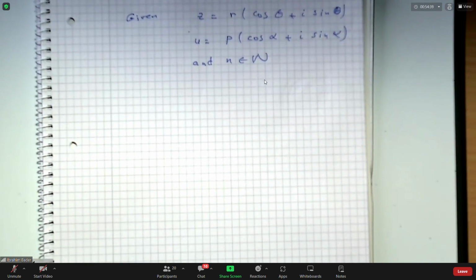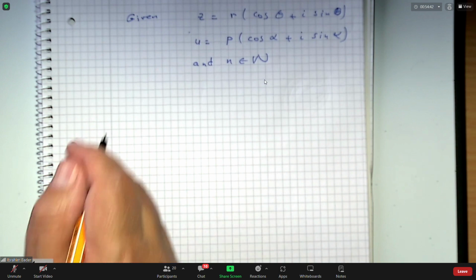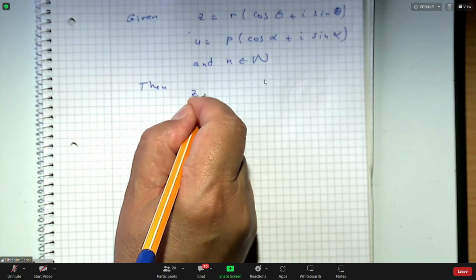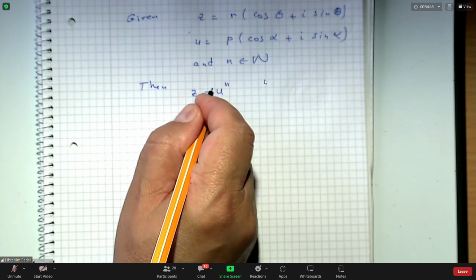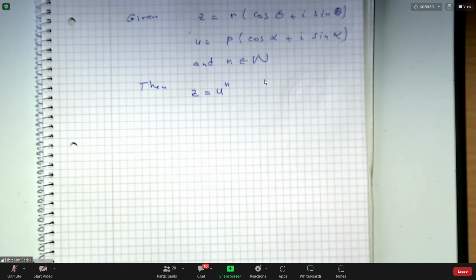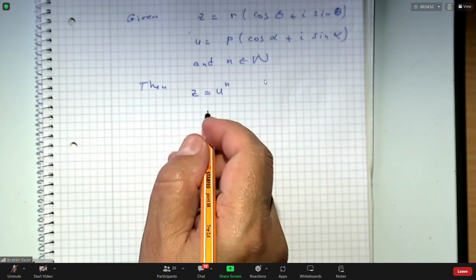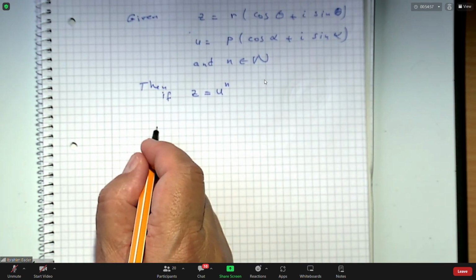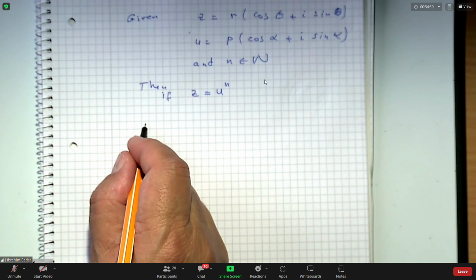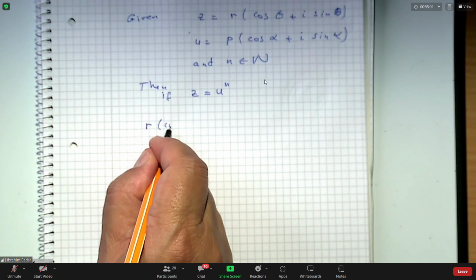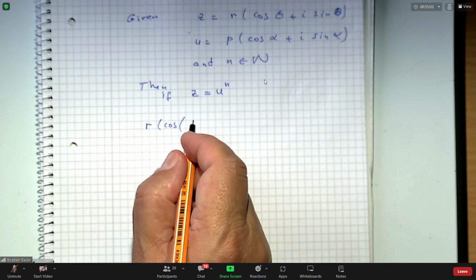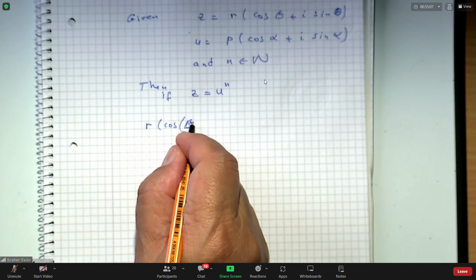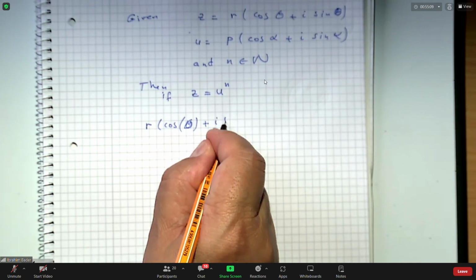Now, if z equals u to the power n, that means u is an nth root of z, then we have on the left hand side r cosine theta plus i sine theta.